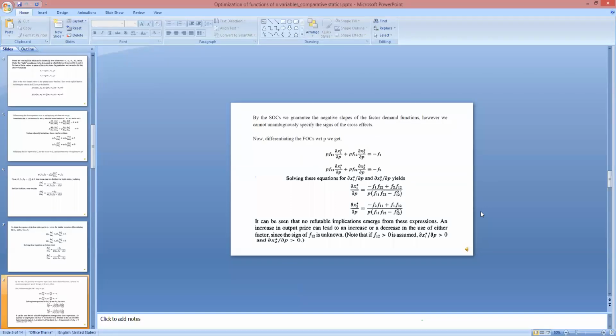So it is difficult to get any context where both del x1 star by del p and del x2 star by del p will be negative. It is more likely that both the expressions will be positive, but it is possible that one of the input demand is increasing rapidly when the supply of the commodity is increasing.